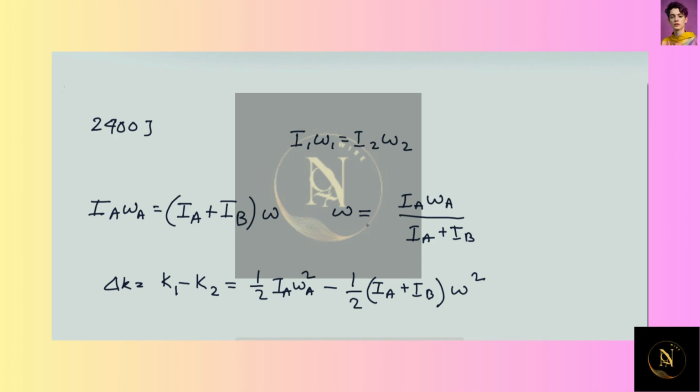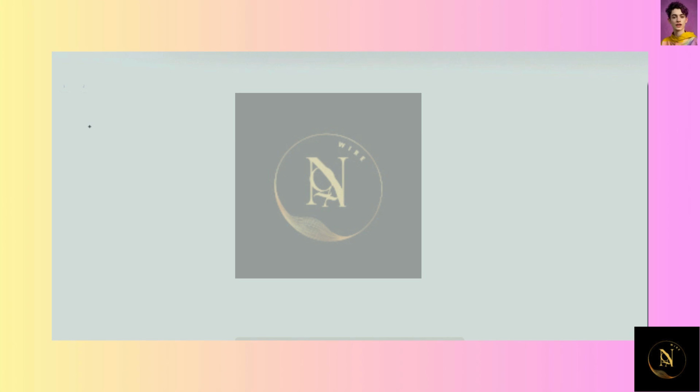Now, if we combine these two equations, we replace omega, and we see that delta K is equal to IA omega A squared divided by 2 times (1 minus IA divided by IA plus IB).